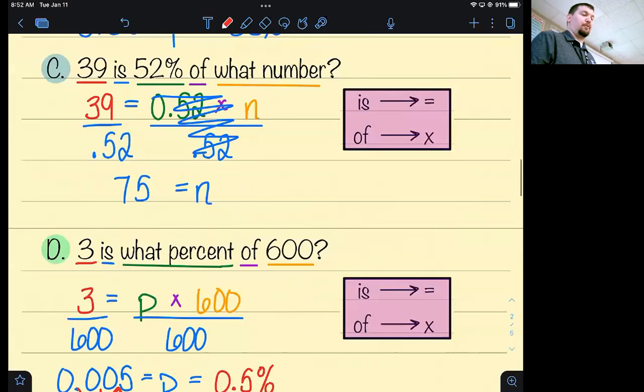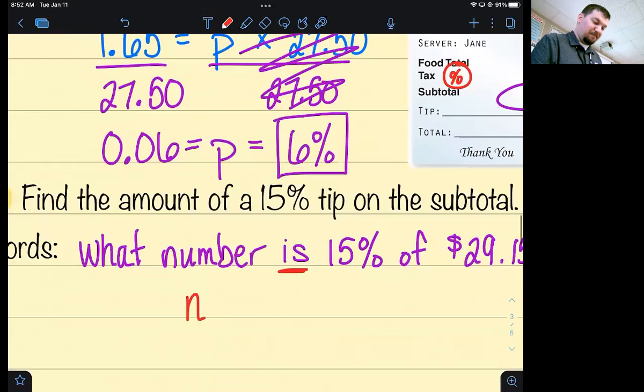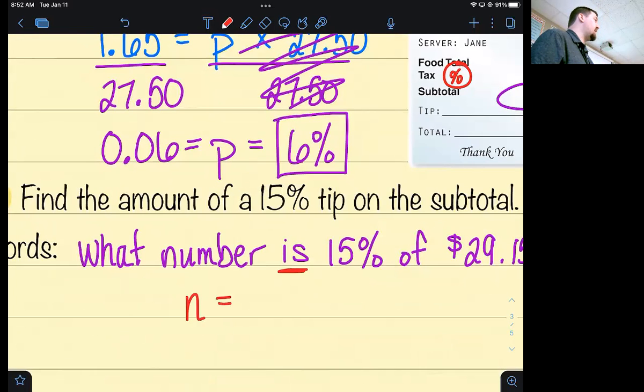Scroll, purple, equal sign. There we go. 15%. What's 15% as a decimal? 0.15 of, what's of mean? Times, and then 29.15.